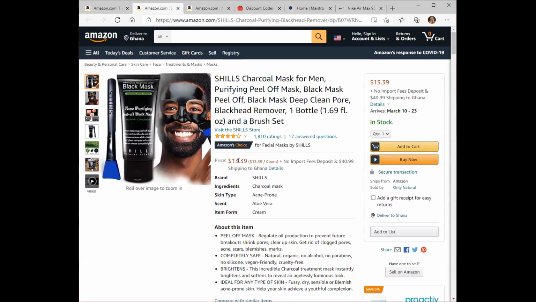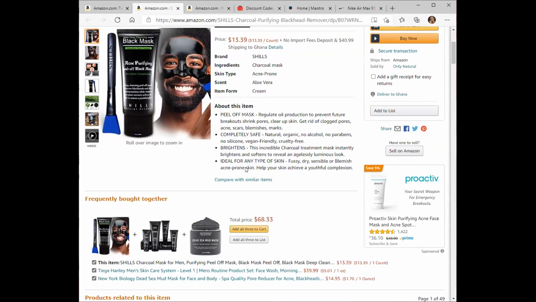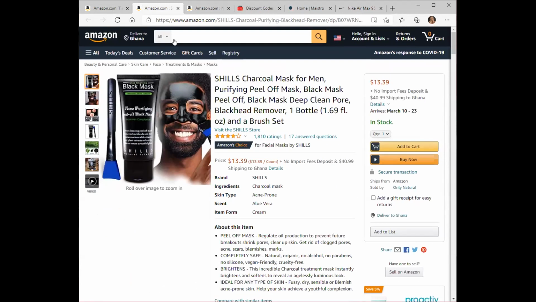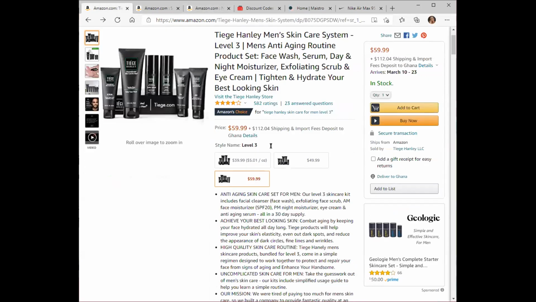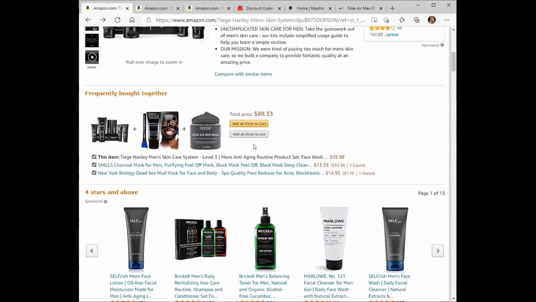Good, and then this one is $13.39, which is the current price, the actual price at the moment. And then the $59.99 that we have here is also the actual price. So if we are buying for the original price, it will take the price up slightly, right? However, you can buy all the three at the same time for a discounted amount of $88.33, right?